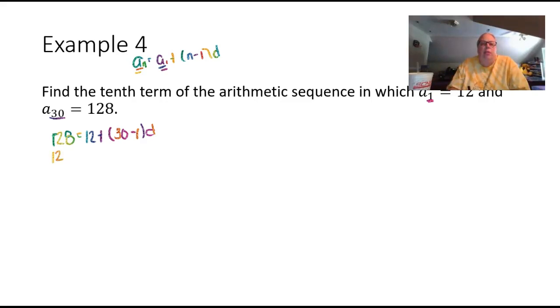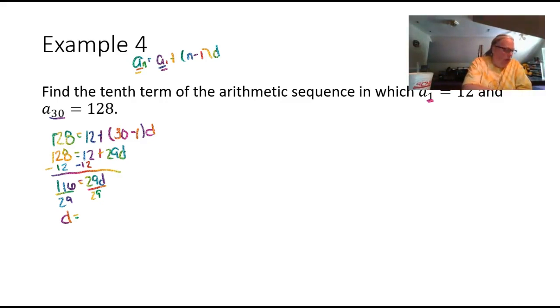This gives us 128 equal to 12 plus 29D. Let's subtract the 12 to the other side. I have 116 equal to 29D, and then when we divide by 29, we find out that D is actually equal to 4.